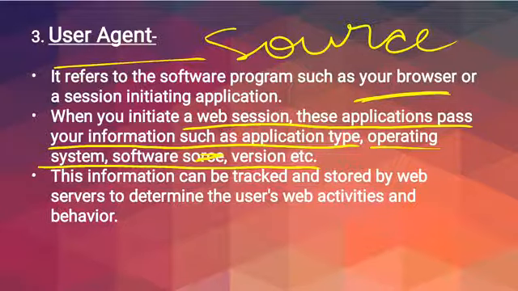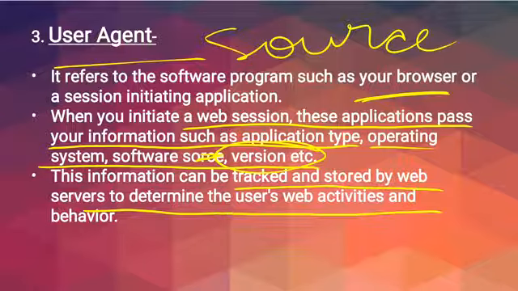Okay, suppose the software is Windows 7, Windows 8, and the version is 8 or 7 or 10. So this information can be tracked and stored by the web server to determine the user's web activities and behavior. Suppose you are using a browser and searching for a website related to education.